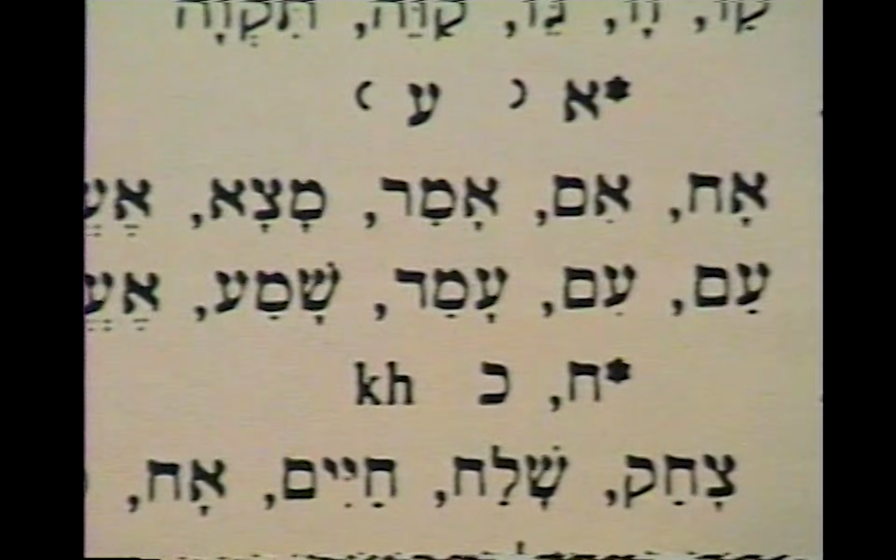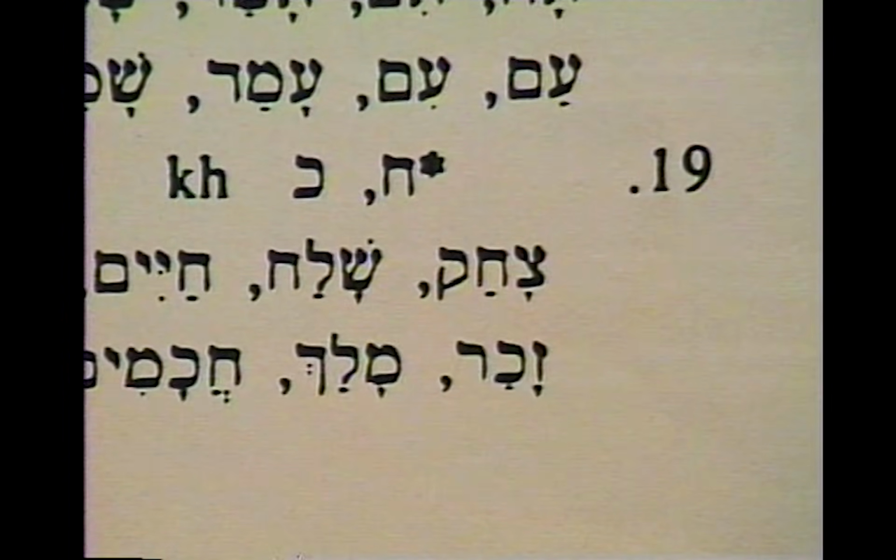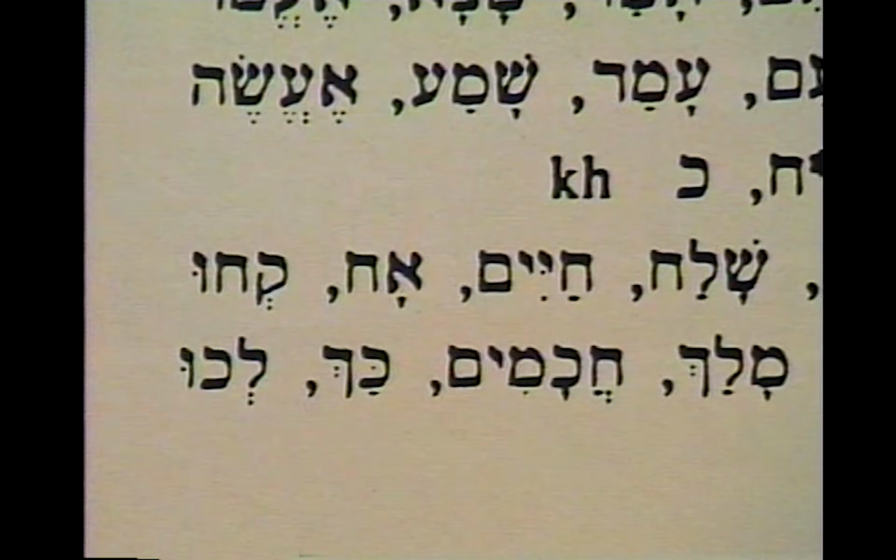And then number 19, the Heth and the Kaf. Sachak, Shalach, Chayim, Ach, Kechu.